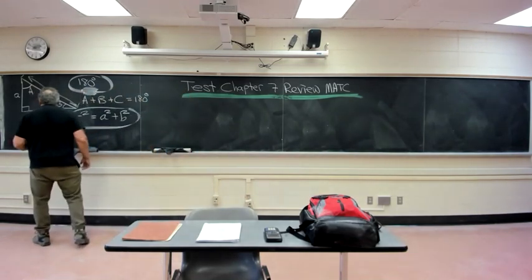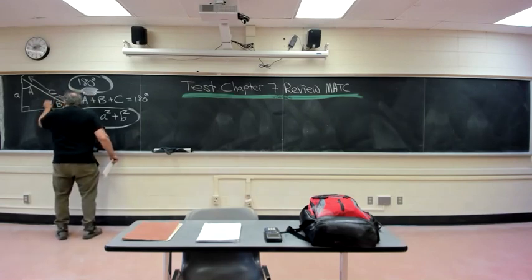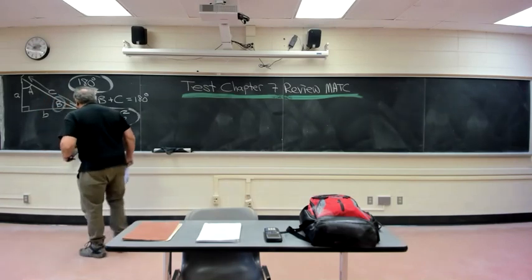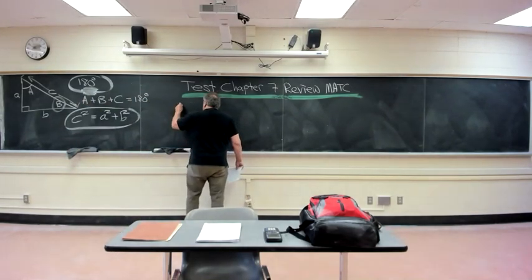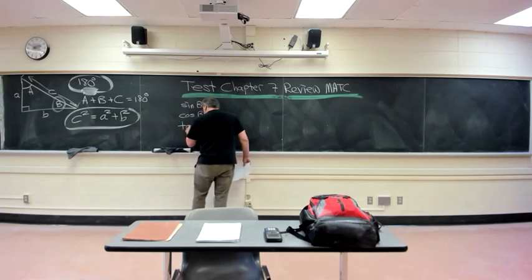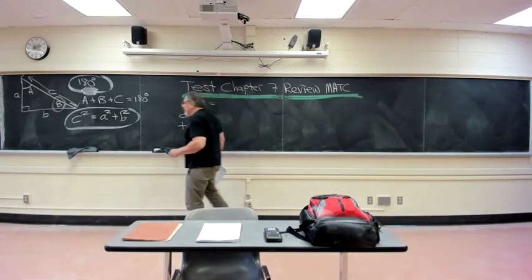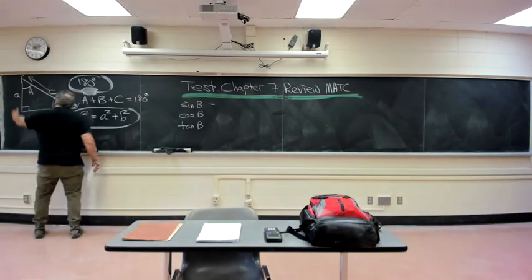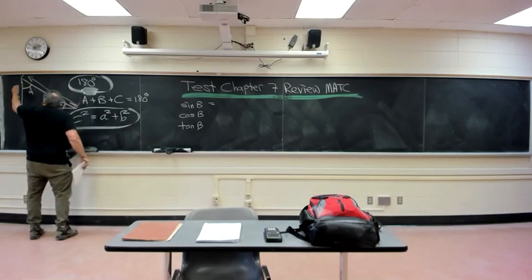In addition to that, looking at something like this, we can say a lot. Let's talk about B. There's the sine of B, the cosine of B, and the tangent of B. The sine of B is the ratio of this leg divided by the length of the hypotenuse.